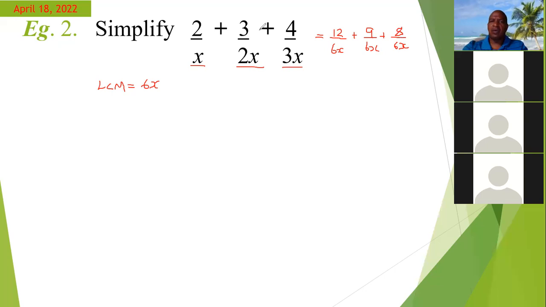And so now we are going to write them with a common denominator. So all we have to do now is add the fractions by adding their numerators. So the common denominator would be 6x. And then we just simply add the numerators. So we'll add what? 12 plus 9 plus 8.